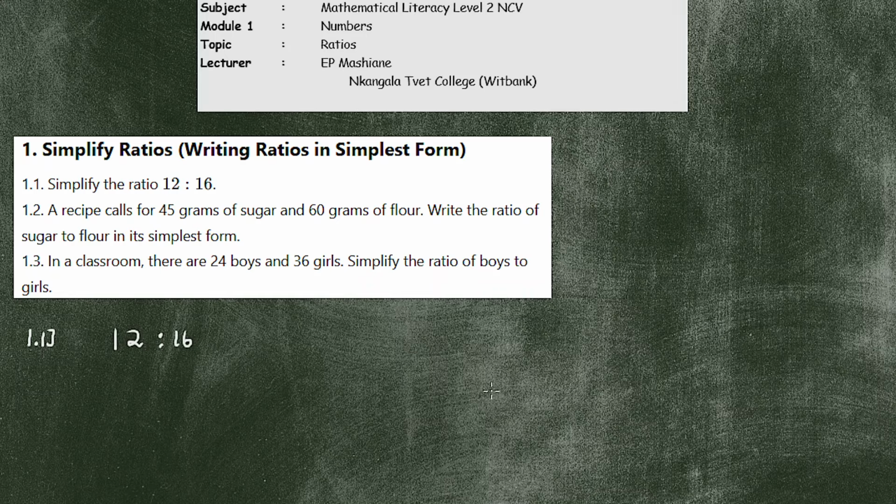With this one, in some cases you might be required to calculate without the use of a calculator, but most of the time they just want a straight up answer. So how you simplify this is by working out the largest number that goes into 12 and 16 without leaving any remainder.